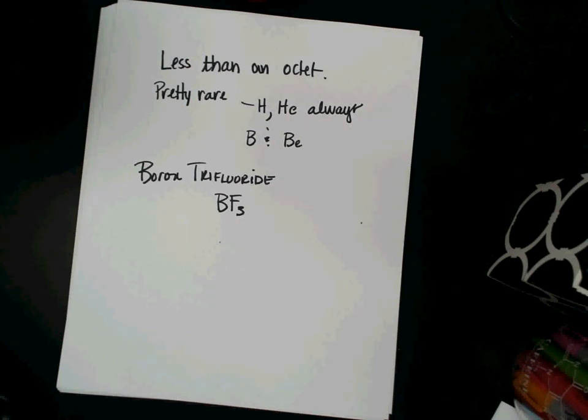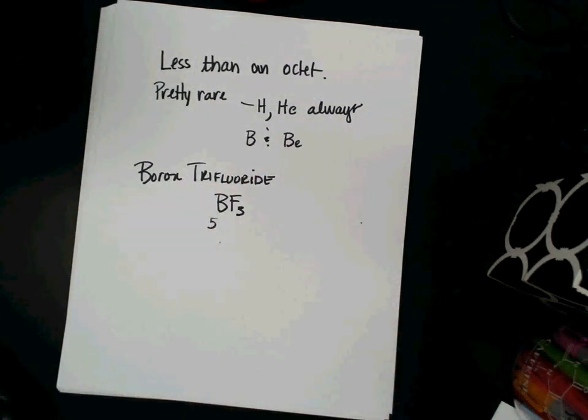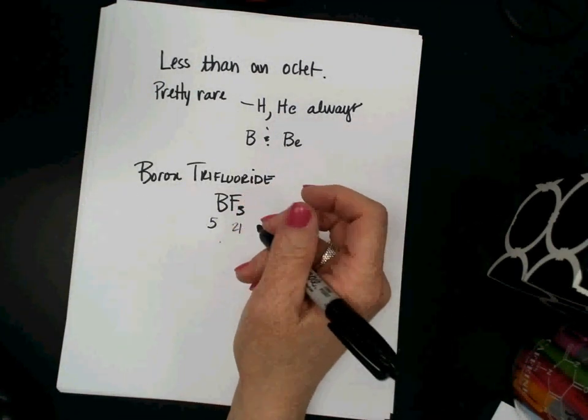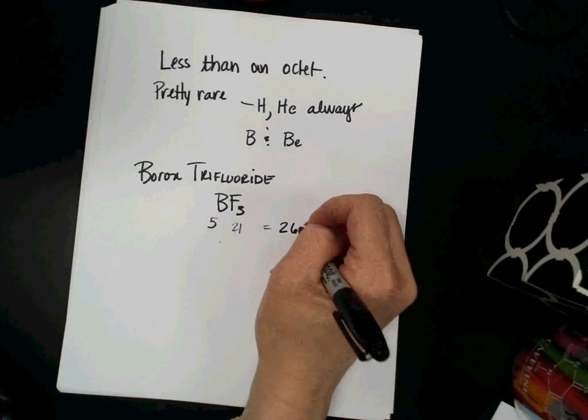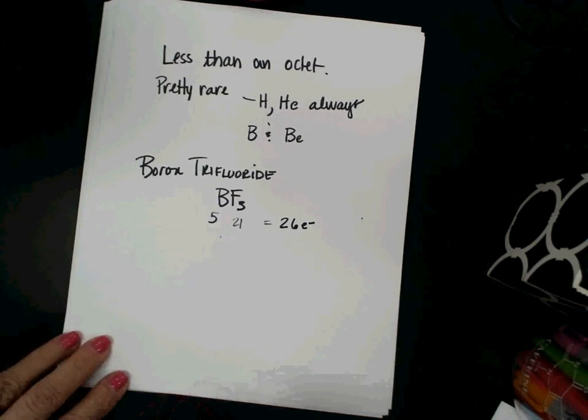Okay. Let's talk about this and see what you have. I want to know what yours looks like. Cole, how many electrons does boron have? 5. How about fluorine? How many do we have there? Total. Andrew? 21? Yeah. Okay, so I have 26 electrons to work with.